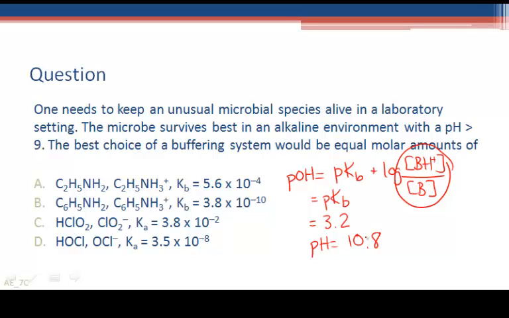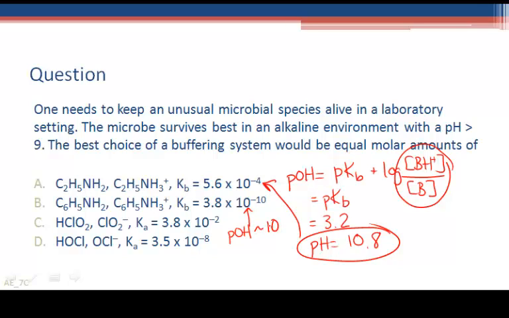Now, we've already found our answer here. Here is a good buffer system. Okay, but let's look at just doing this with approximations to make this faster. If we look at answer choice B, the Kb is 3.8 times 10 to the negative 10th. Well, for a quick approximation, we could look at that and say the pOH will be the negative log of 3.8 times 10 to the negative 10th, or it'll be around 10.